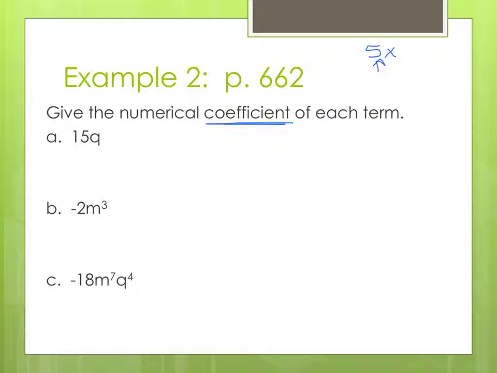So on A, 15q, the coefficient would be the number 15. B, negative 2m cubed, the coefficient would be the negative 2. C, negative 18m to the 7th q to the 4th, the coefficient would be the negative 18. So it's just taking the numbers that are in front of the variable.